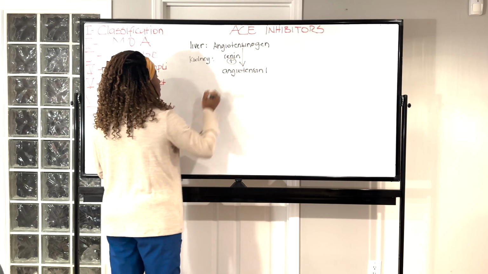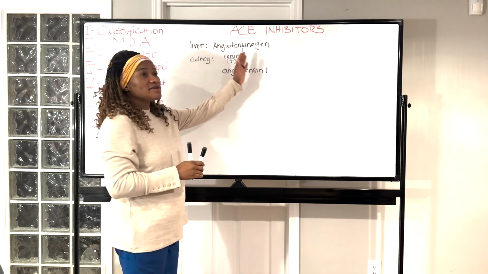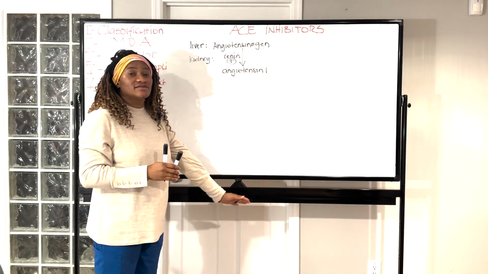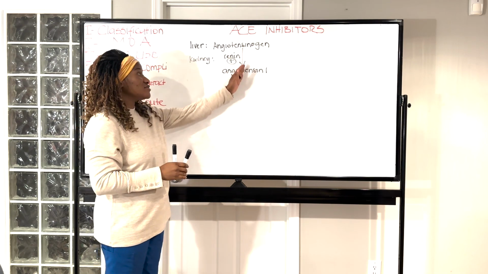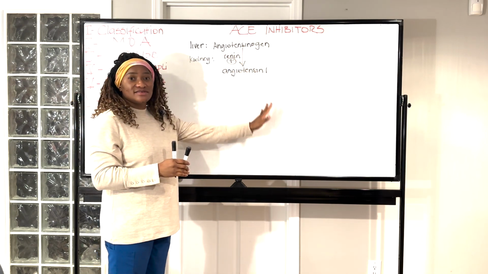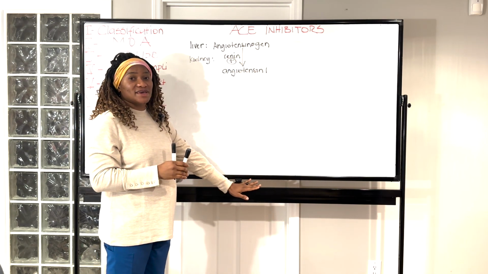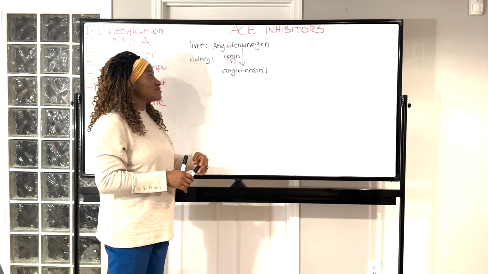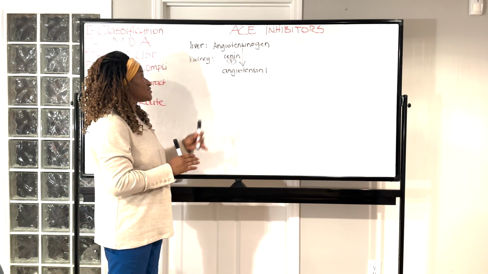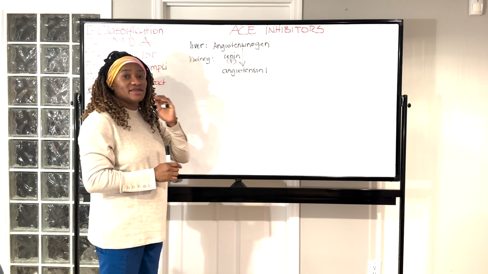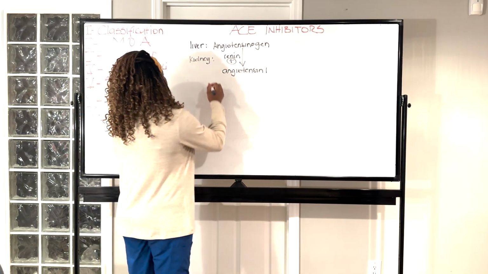Now this is the rate limiting step in this synthesis of aldosterone. So if we don't have enough renin, this whole mechanism, this whole chemistry is not gonna happen. So renin is the rate limiting step of this process.